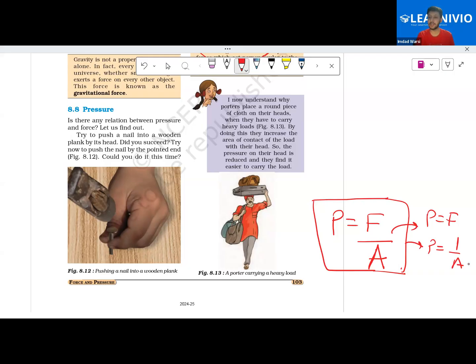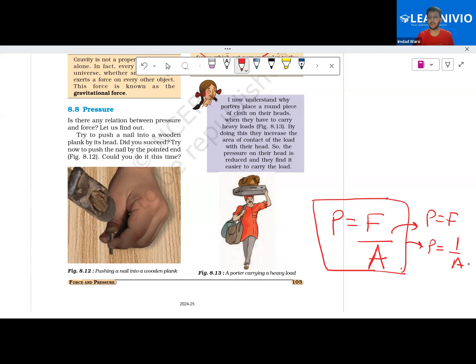But here the opposite happens. If I increase the area, the pressure will decrease.